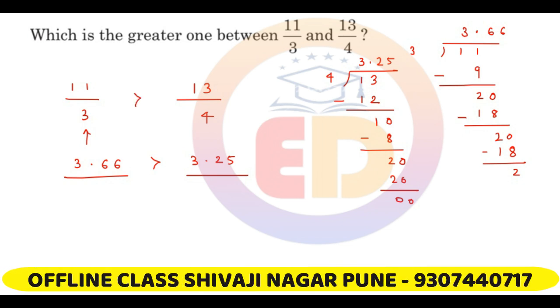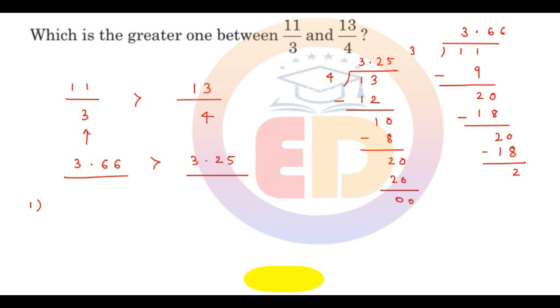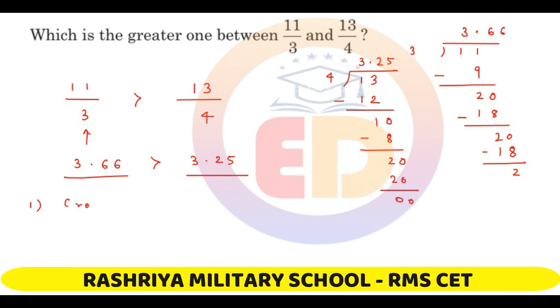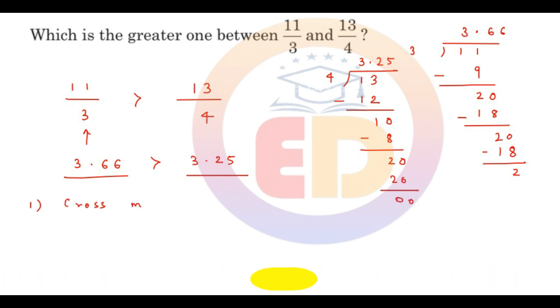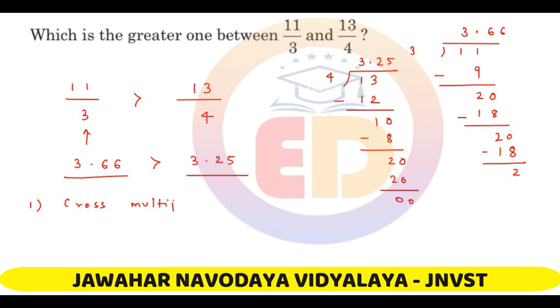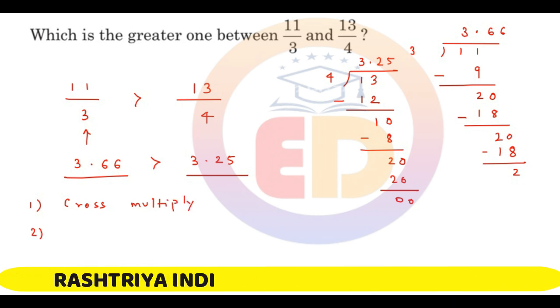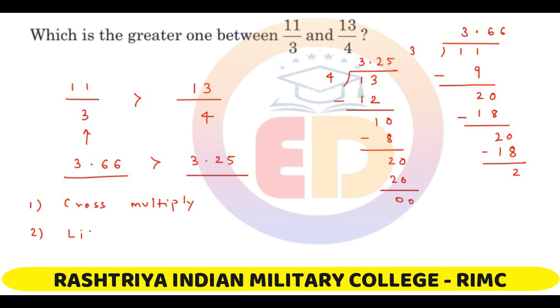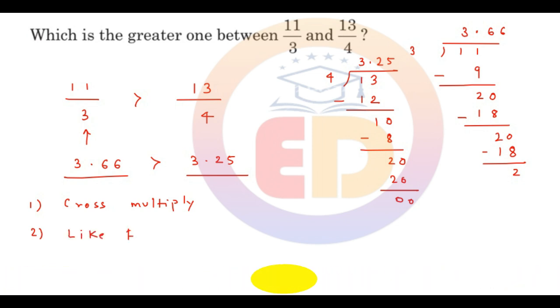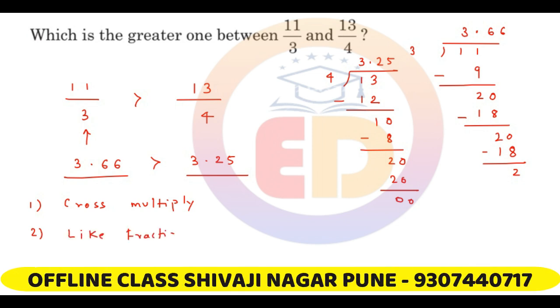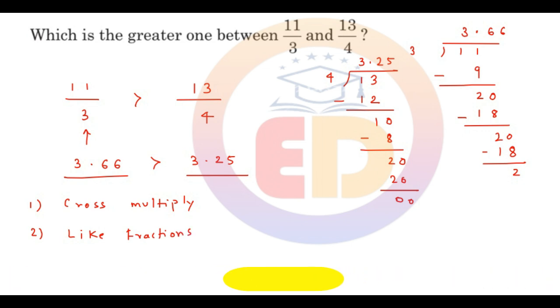So basically, let's sum up. We have 3 methods. First is the cross multiplication method for comparison of fractions. Second is making the denominators the same, or converting them to like fractions. In case of like fractions, when the denominators are same, the greater numerator will be the greater fraction, the smaller numerator will be the smaller fraction.